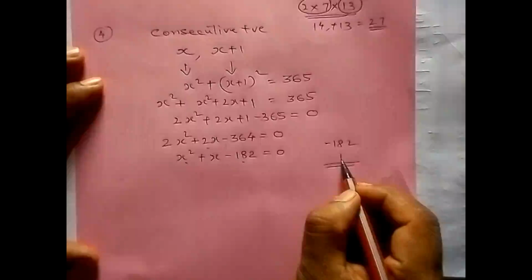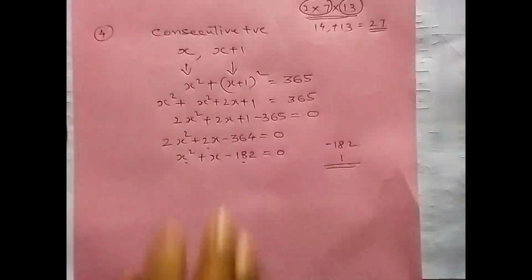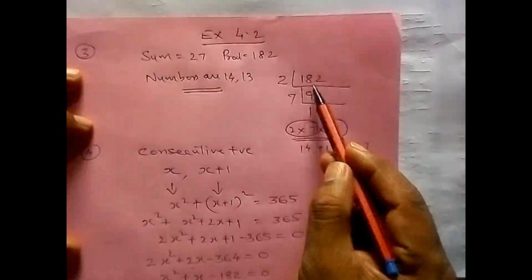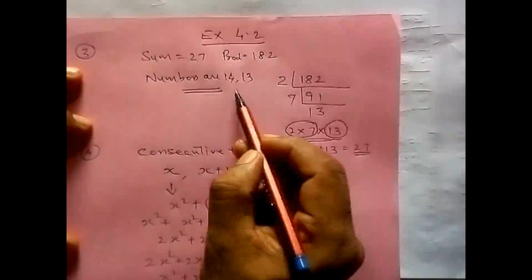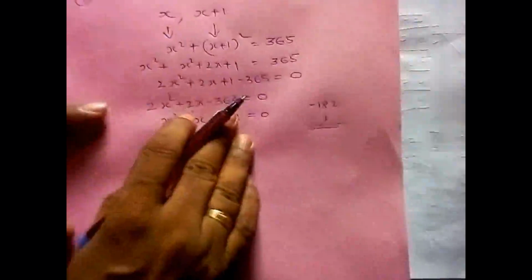So the difference will come as 1. So we have to find two numbers whose product is 182 and the difference is 1. As in the previous case, fortunately this is the same number 182. So we have seen that these two numbers 14 and 13 will match our requirement.